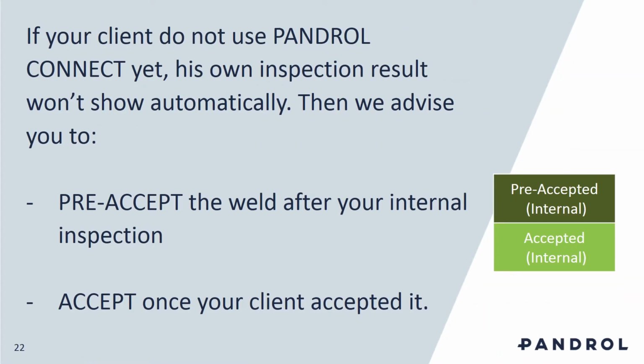If your client does not use PandrolConnect yet, his own inspection result won't show automatically, so we advise you to pre-accept the weld after your internal inspection, and accept once your client has accepted it.